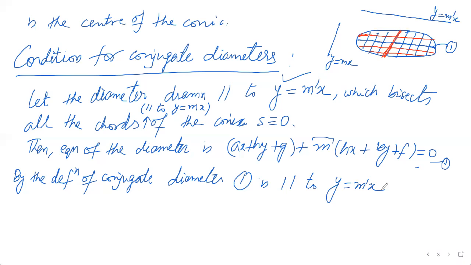So 1 is parallel to y. Definition क्या, ये हमारा assumption था एक्चुअली, by the assumption.